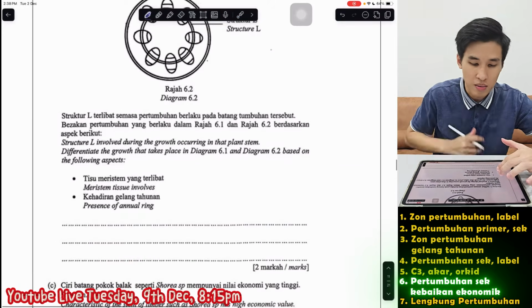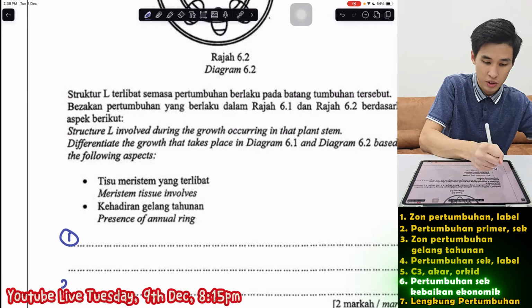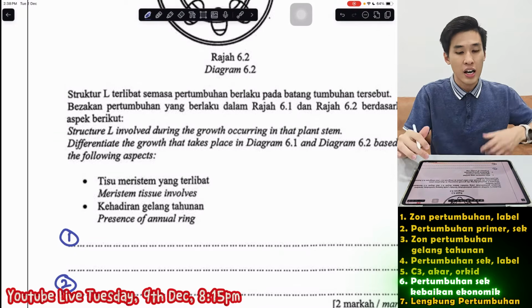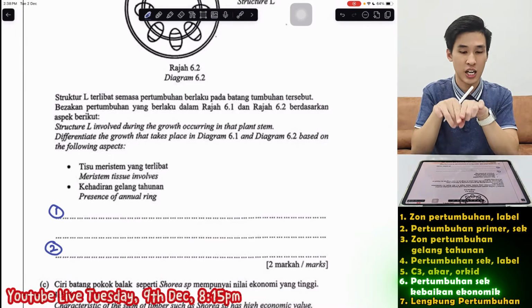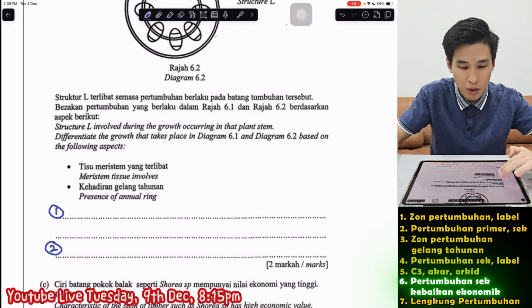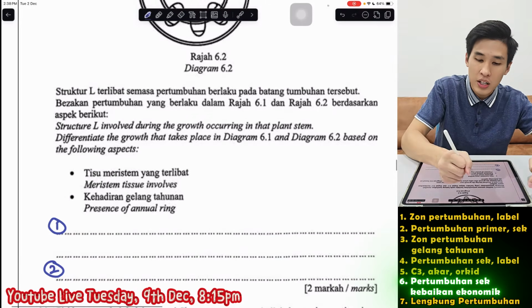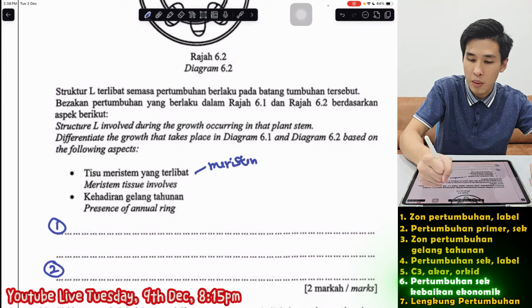So this question they already say, meristem yang terlibat. So remember, if this is not an essay question, Section A punya soalan, they give you a line, you must write a sentence. So just now got give table, got give jadual, you can use the jadual to compare. But this one no jadual, you must write sentences. So for example, you must say, meristem terlibat dalam 6.1 adalah meristem apeks.